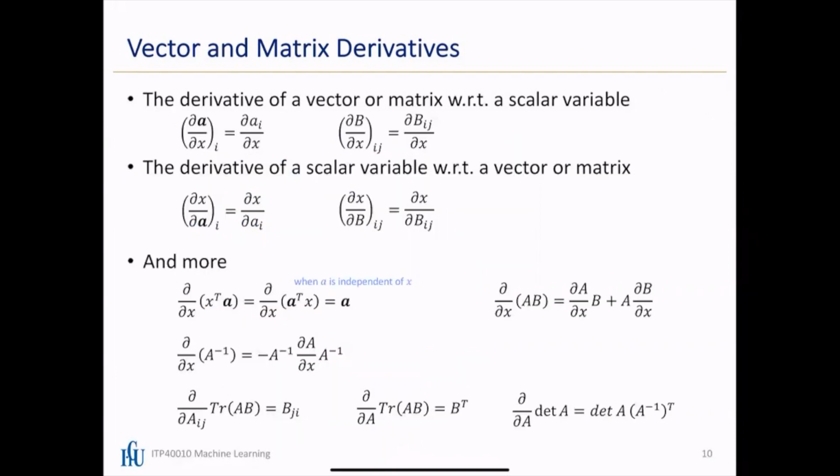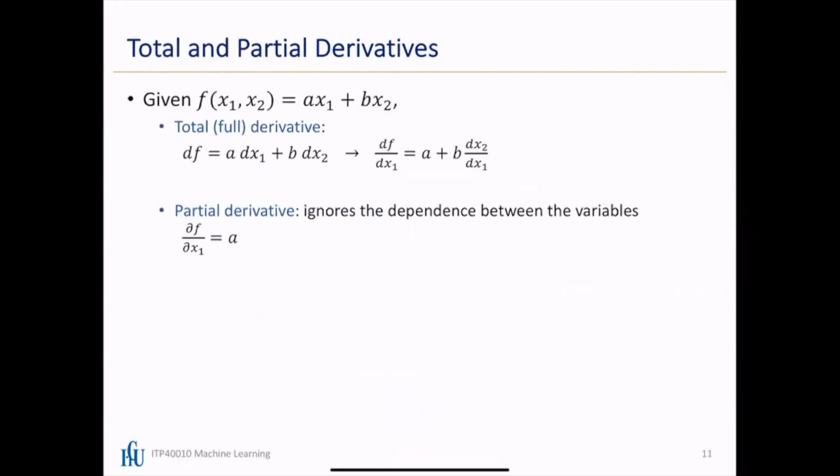So if you directly apply the idea of derivative, well, maybe the definition is closer to what we call the total derivative or full derivative. If you have a function with two unknowns, so ax1 and bx2, in this case, taking the full derivative of the function becomes a dx1, b dx2.